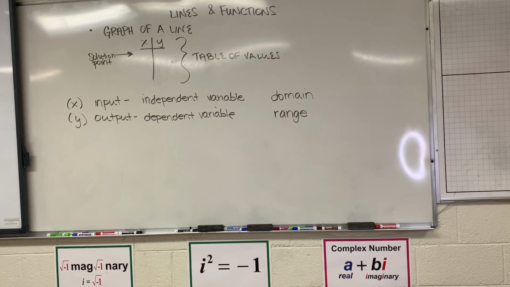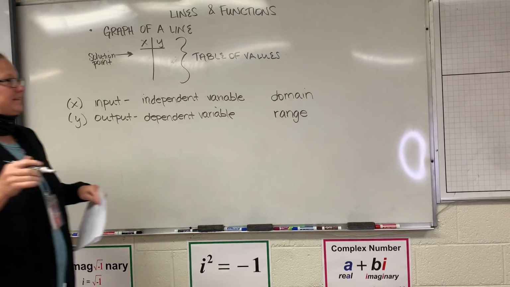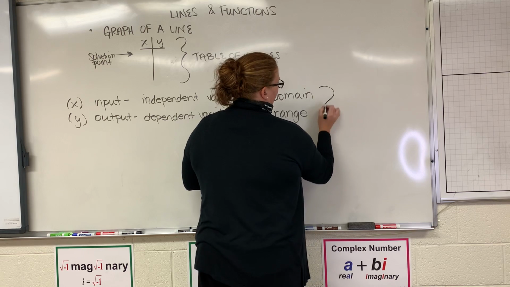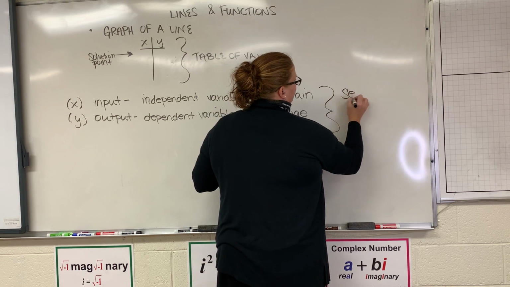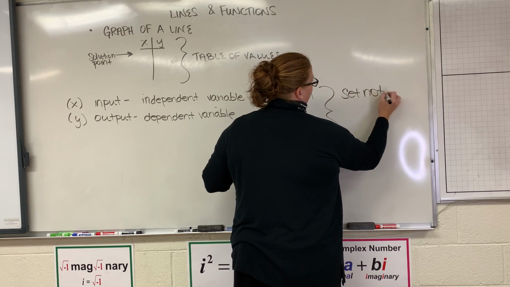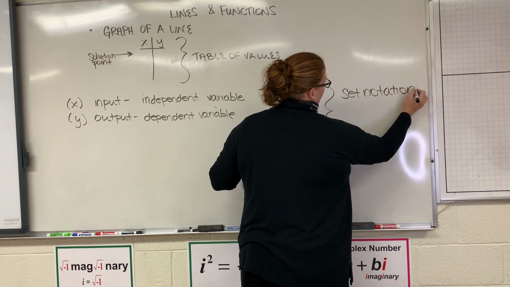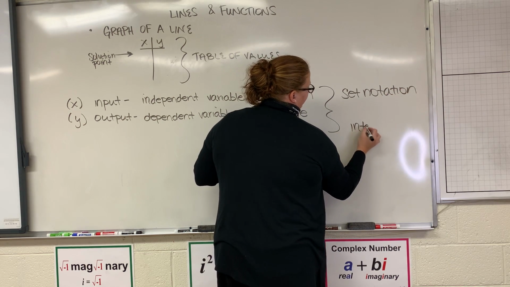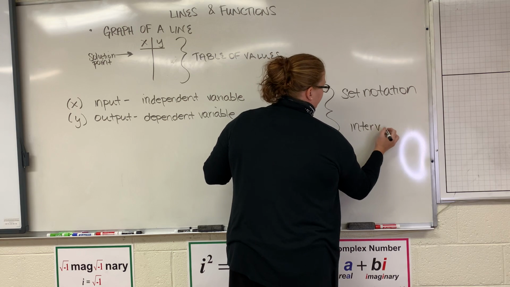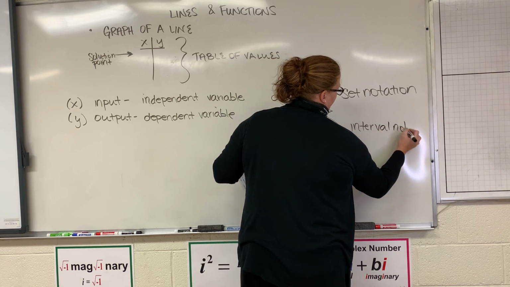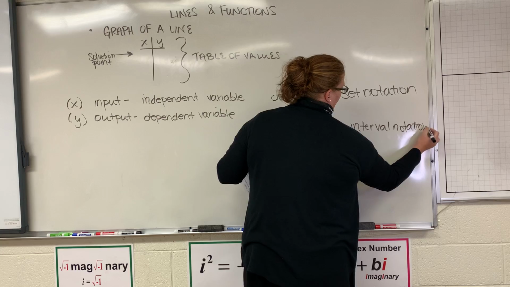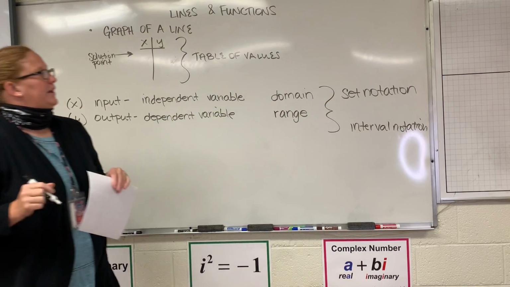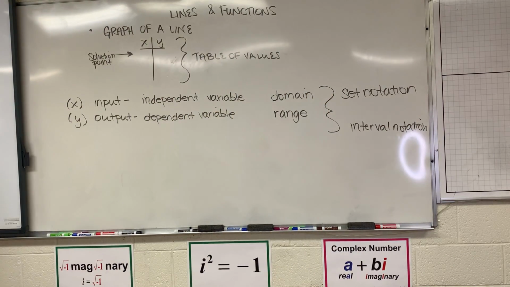All right, so for our second one, we have domain and range. Remember, there's two types of ways to write that. There's your set notation, and then there's your interval notation. And I'll do an example with a line. Remember, your line just basically goes on forever in both directions.